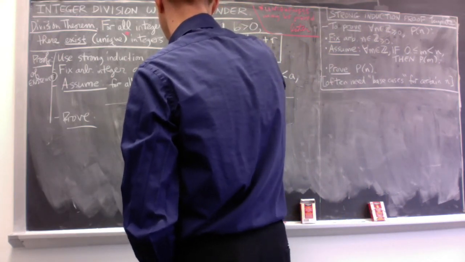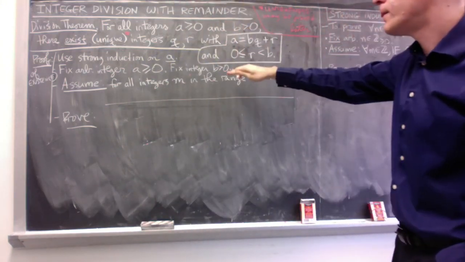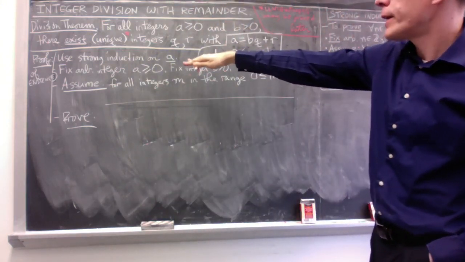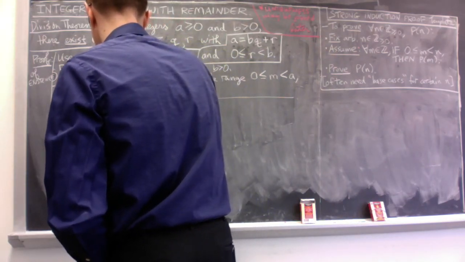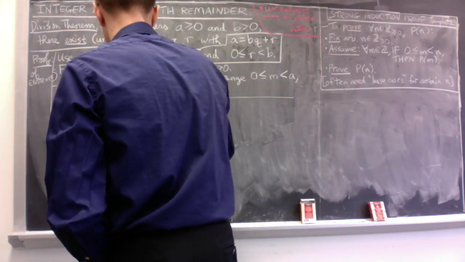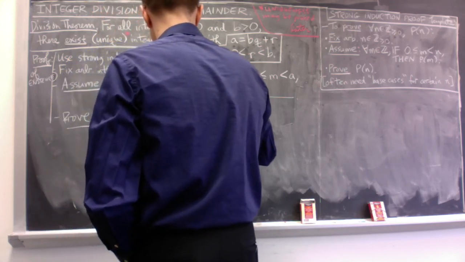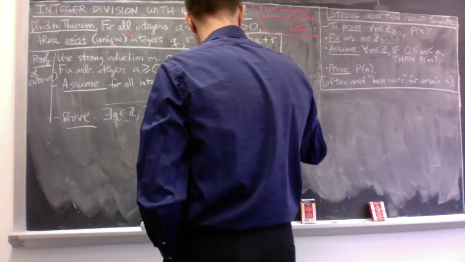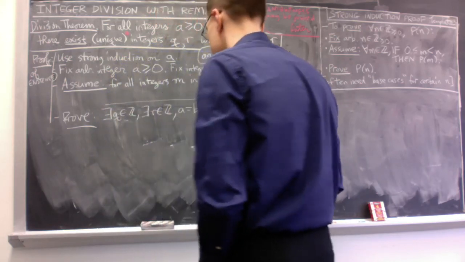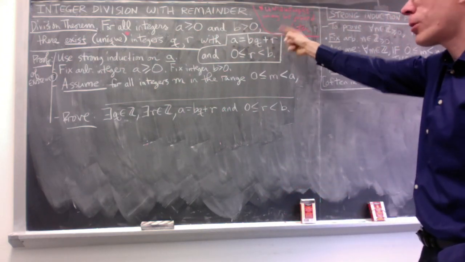Positive integer B, because that's not going to be changing on us. All right. But what I'm proving is an existence statement. There exists Q in Z. There exists R in Z. A equals BQ plus R. And 0 is less than or equal to R is less than B.